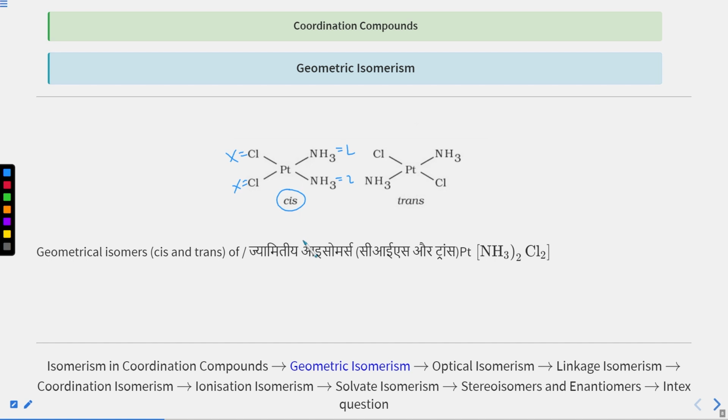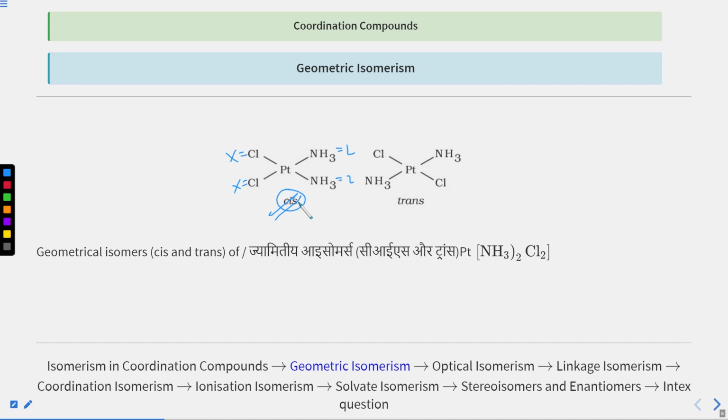Now I will tell you a very interesting fact why this isomerism is important. If I talk about cisplatin and transplatin, they both have very specific, special types of specificity. One of these is used in the treatment of cancer. So this one shows an anti-tumor activity.